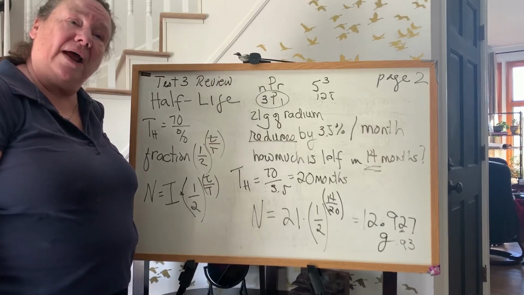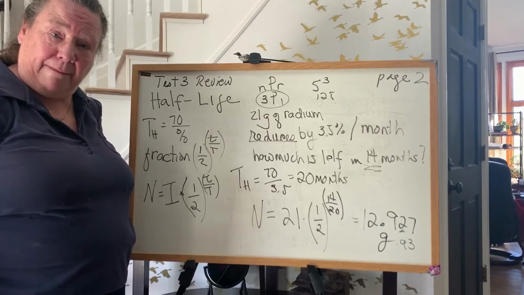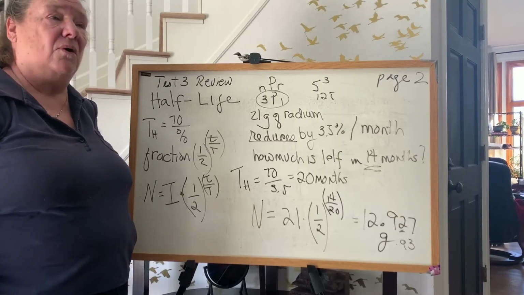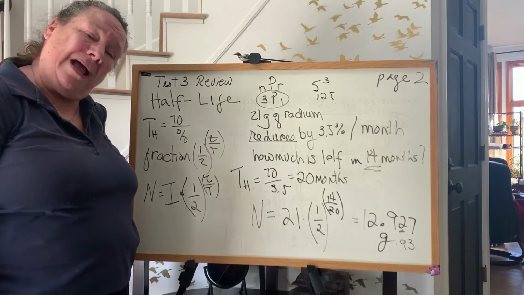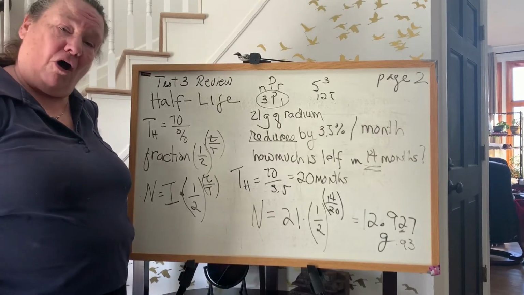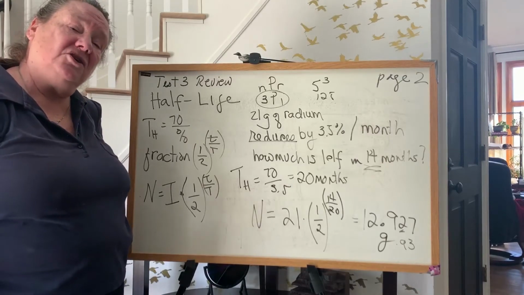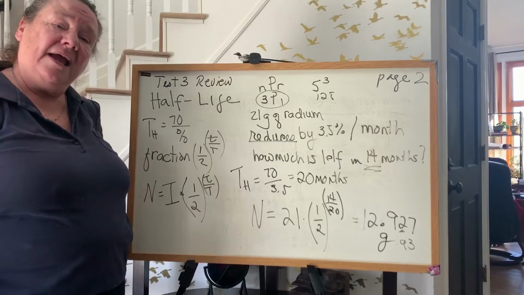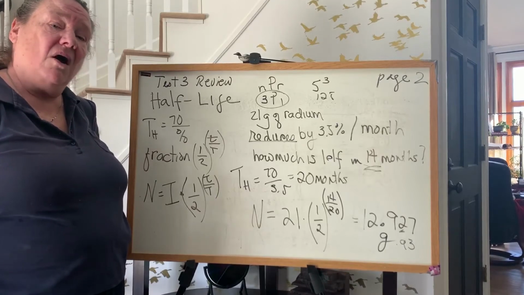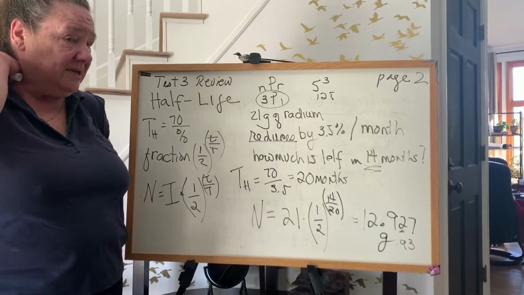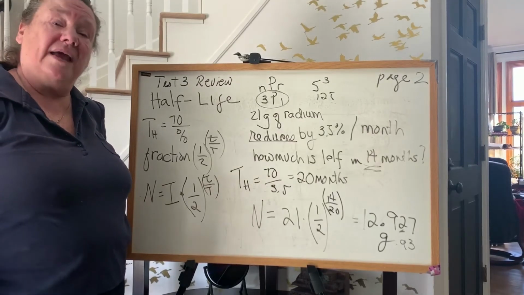I also wrote out an overlapping problem, very long and detailed, and I wrote out an at least once problem, long and detailed. Okay, so you need to go back into your emails and find those papers and study them. Okay, all those problems have been on your quizzes, so you can expect to see them on the test.